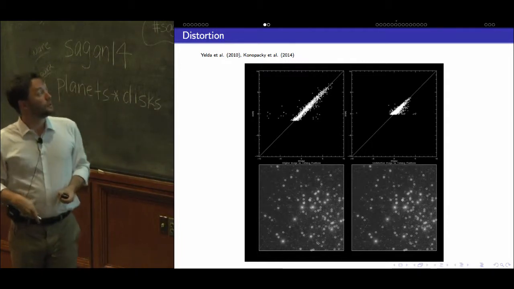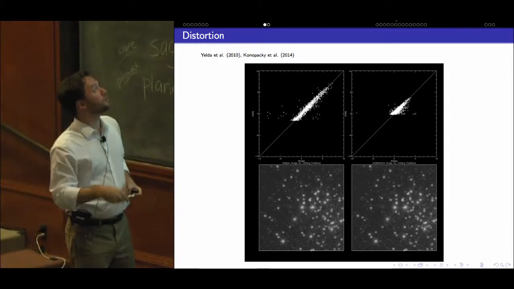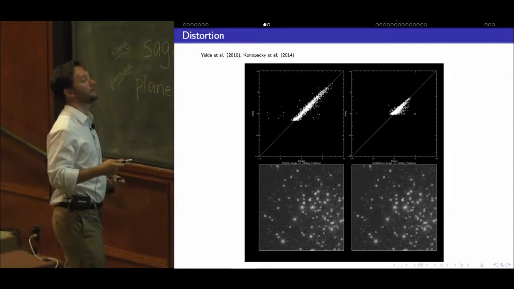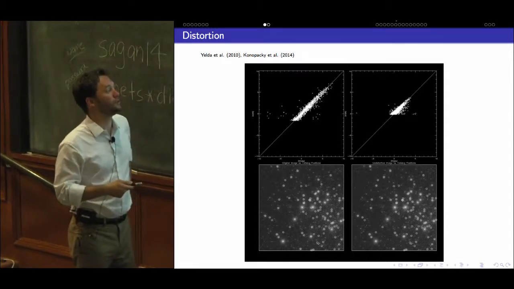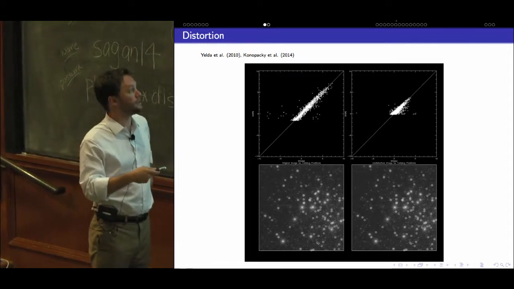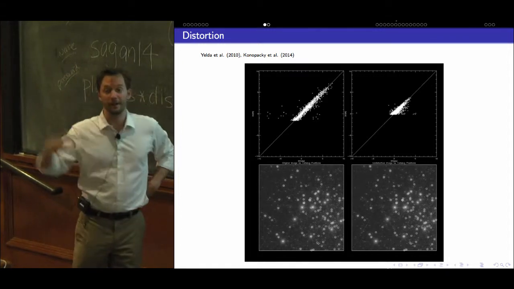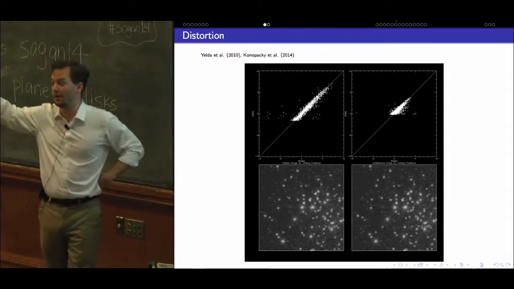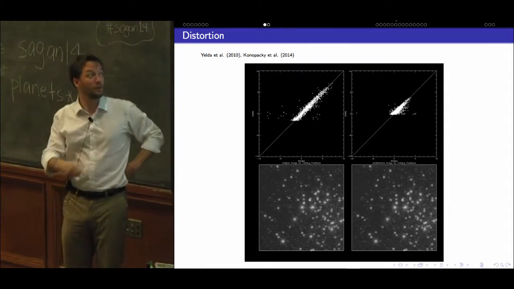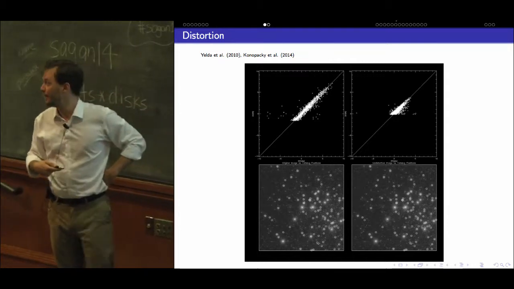So the first thing you have to do is to correct for distortion. This is a figure from a paper with Keck. One of the common practices to do that is to actually look at a crowded field on your detector. And the crowded field actually has a counterpart with a very well-calibrated instrument, which in this case is Hubble.